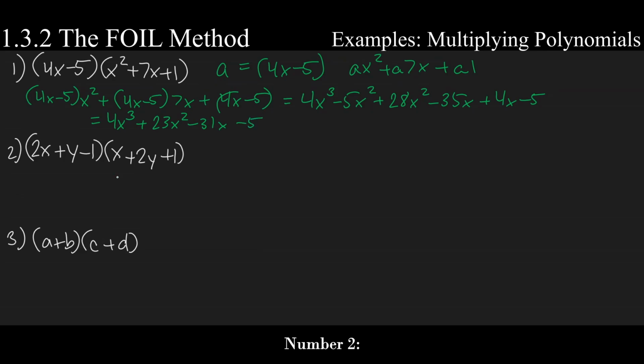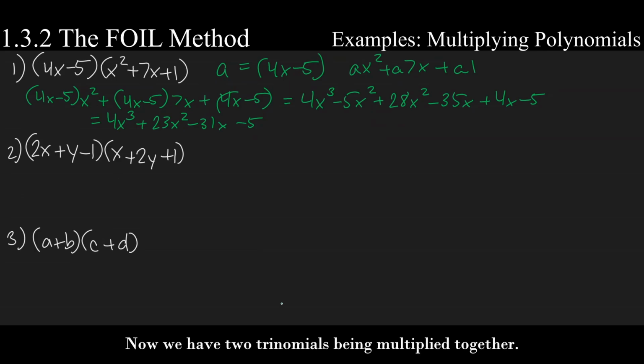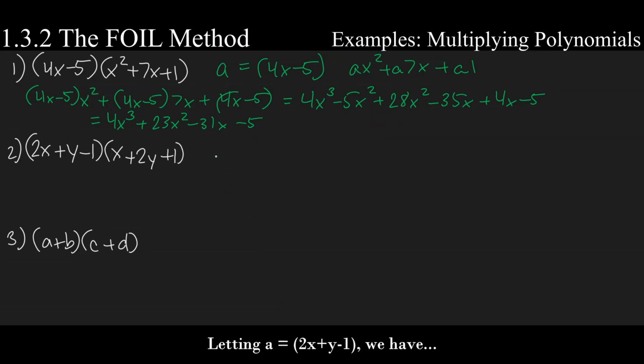Number 2, (2x plus y minus 1) times (x plus 2y plus 1). Now we have two trinomials being multiplied together. We can still use the same technique here. Letting a equal 2x plus y minus 1, we have a times x plus a times 2y plus a times 1.